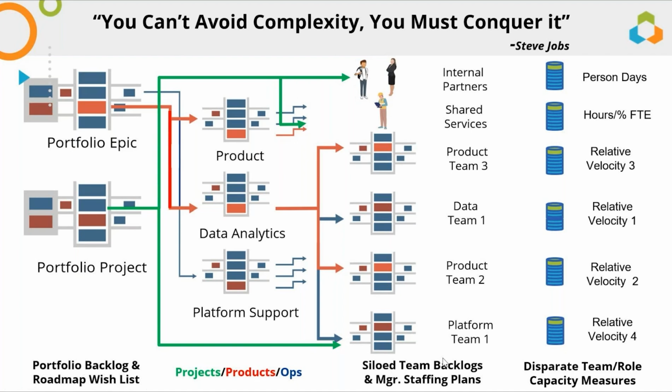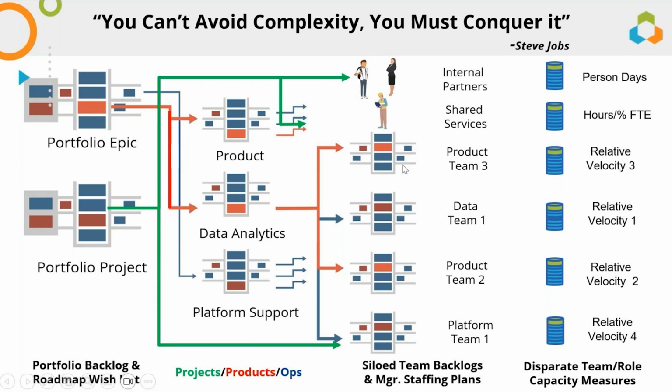They're not designed and never have been to do enterprise level capacity planning, right? Then if you throw projects on top of that, well, they're probably planning on a different cadence, but just like the epics, right? The epic owners and the project managers, the product owners, they're all competing for shared services, internal partners like compliance, audit, regulatory, legal.